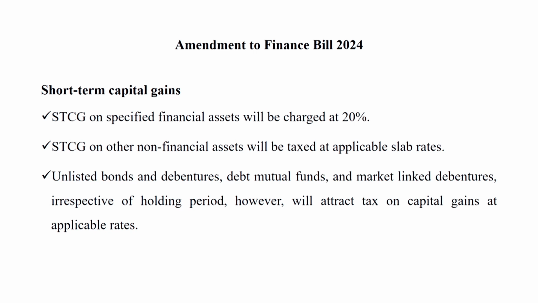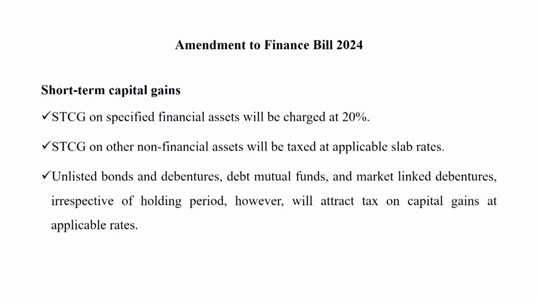Short-term capital gain on other non-financial assets will be taxed at the applicable slab rate. Applicable slab rate means the optional tax regime and the default tax regime. In the optional tax regime, the slab rates are 5%, 20% and 30%. And in the default or new tax regime, the slab rates are 5%, 10%, 15%, 20% and 30%.